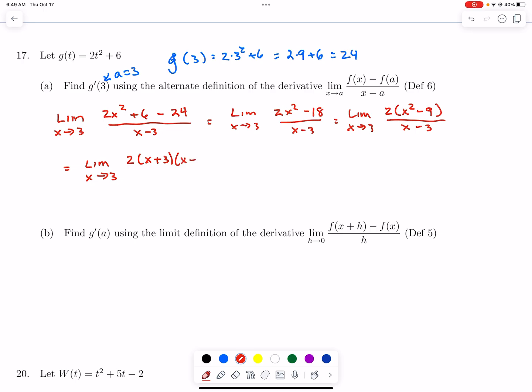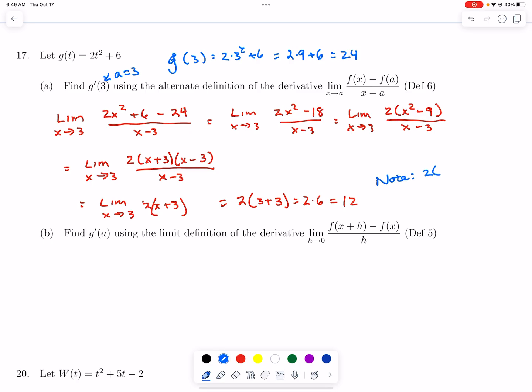Remember, the goal is to factor and cancel an x minus 3. Ugh, that was a terrible exclamation point. Hold on.